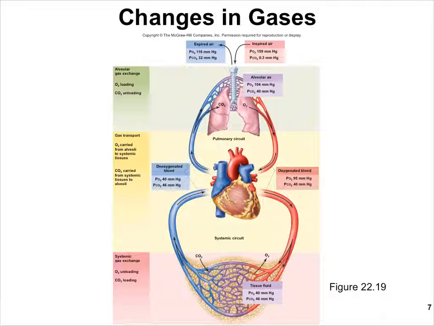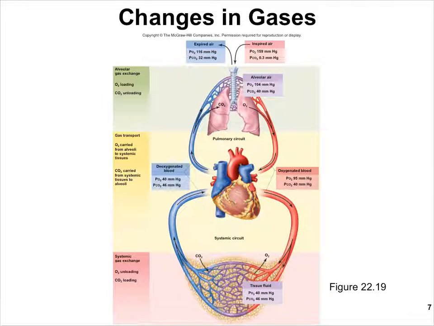Okay, so now we have our oxygenated blood. Where is it going to go? It's going to go down to the tissues. What are the oxygen levels dissolved in your tissues? Well, it varies depending upon exactly what tissue you're looking in, but on the average, tissue fluid has an O2 pressure of 40 millimeters of mercury.